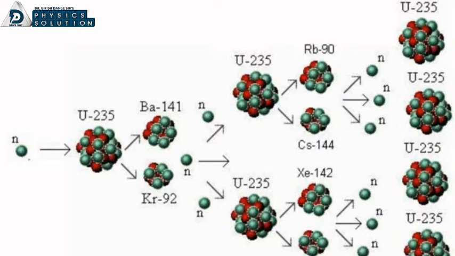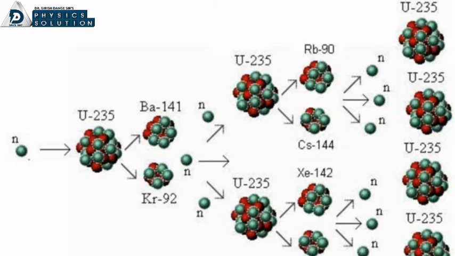In nuclear fission, when a fast moving small particle like a neutron bombards the nucleus of uranium, uranium splits up into 2 lighter nuclei, barium and krypton, and 3 neutrons are produced. These 3 neutrons bombard 3 neighboring uranium nuclei, which split up again into lighter nuclei, and again 3 neutrons are produced in each nuclear fission.